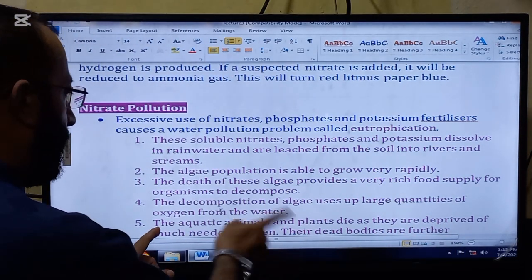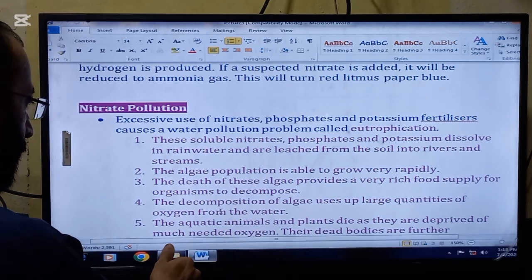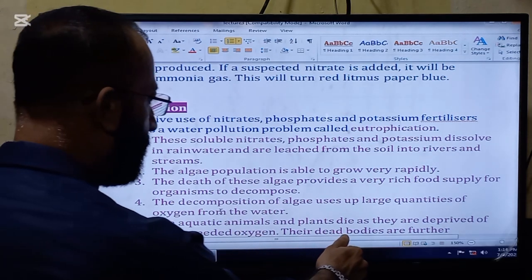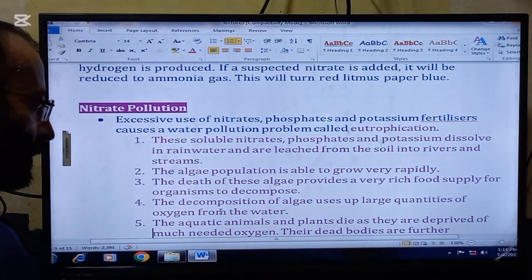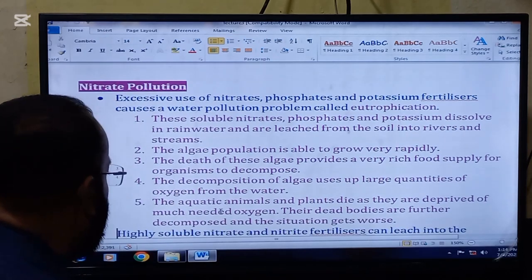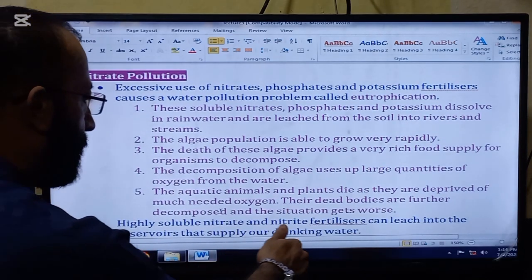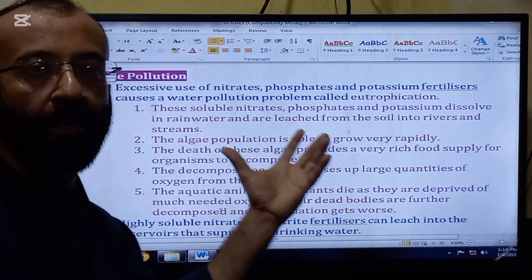So when algae decompose, the oxygen will be used up from the water. The aquatic animals and plants die as they are deprived of the much needed oxygen. Their dead bodies are further decomposed and the situation gets worse. So this is nitrate pollution.